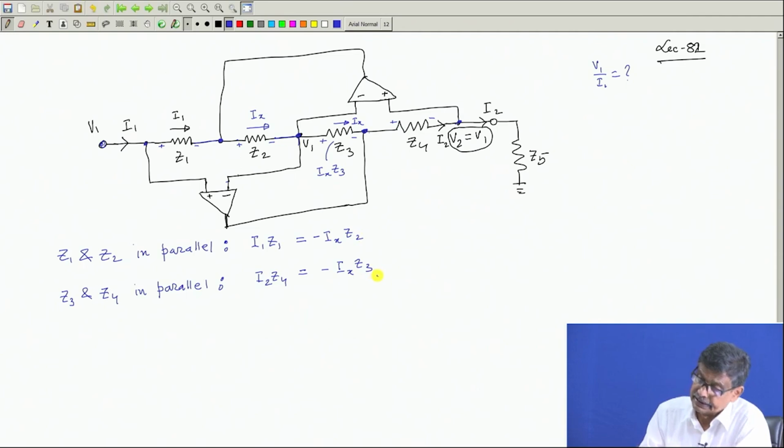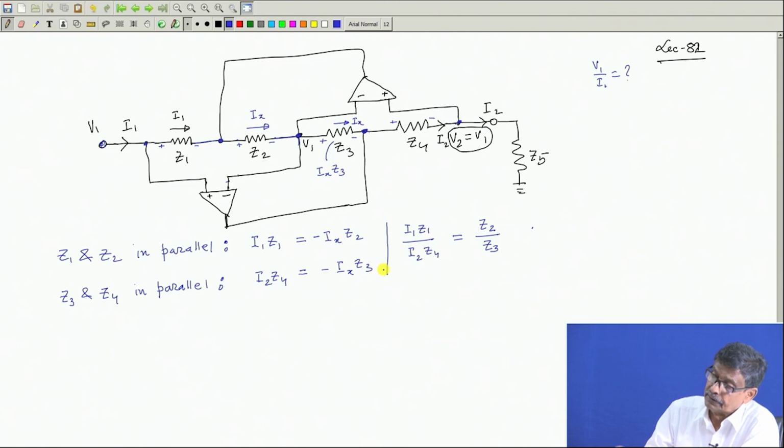Acha, if this is the case, then I can divide these two equations and get this relationship: I1 Z1 divided by I2 into Z4, Ix goes away, and you are left with Z2 by Z3. So, this is one equation. Now, look at this loop.